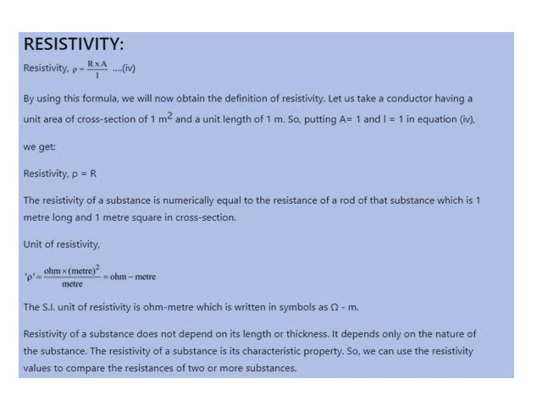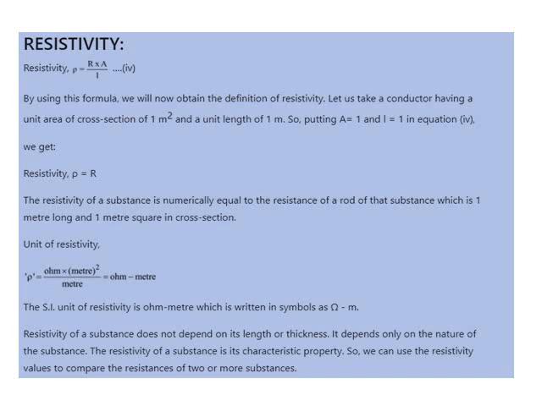So let us see about the units of resistivity. Rho is equal to, substituting in the formula, RA by L. R has a unit ohm, A has a unit meter square, L has a unit meter. Therefore, when you simplify, ohm meter. So ohm meter is the SI unit of resistivity, written in symbol as ohm meter.